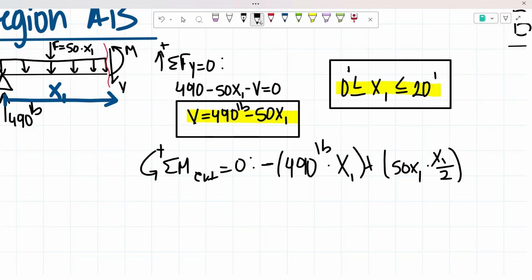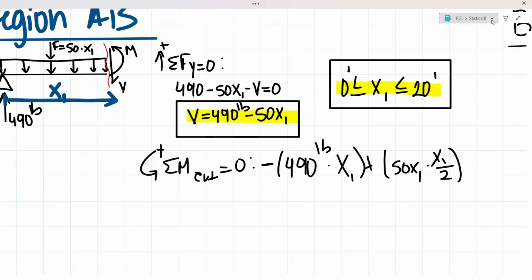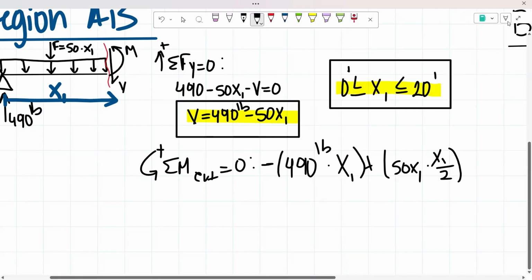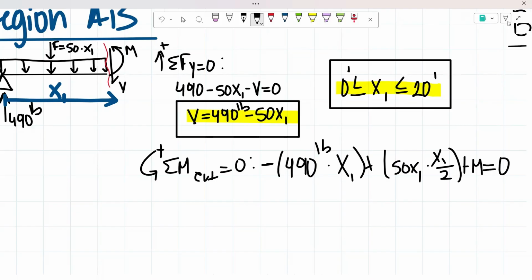And then from there, we have our moment that is going counterclockwise, so positive moment. And we know that all of that has to equal 0.